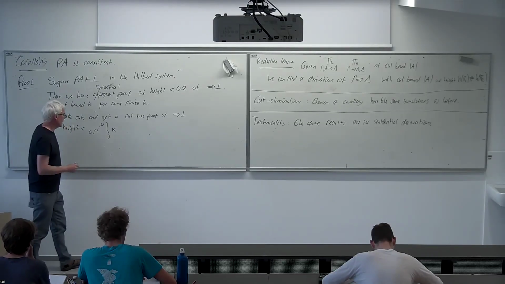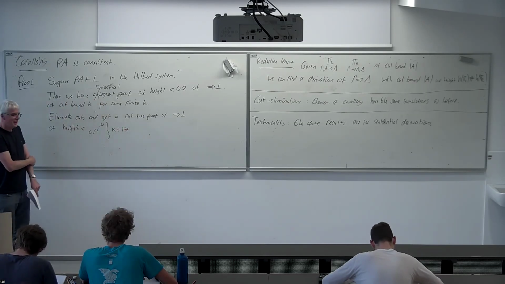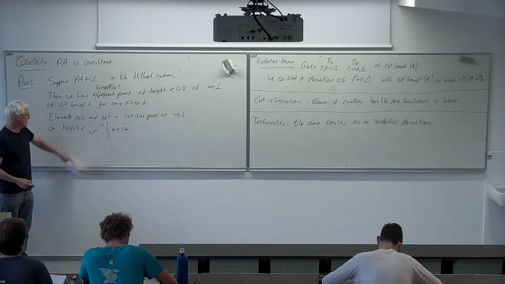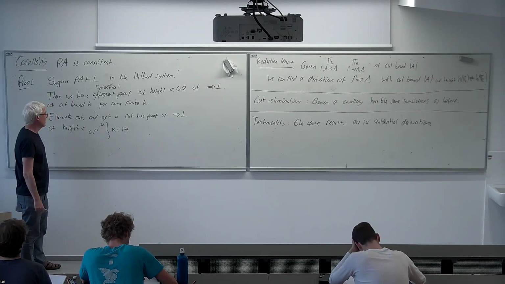It doesn't really matter. Let's put k plus 17 in, and then it's probably a safe statement. Anyway, we have some quite high height on the bound.